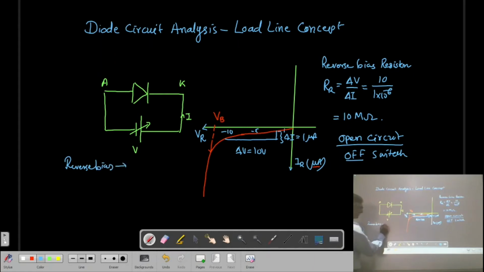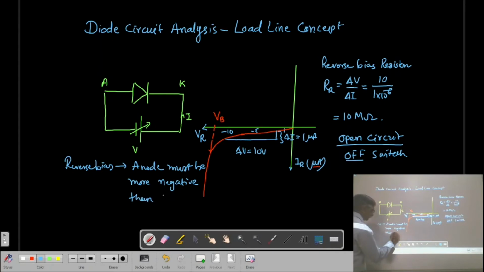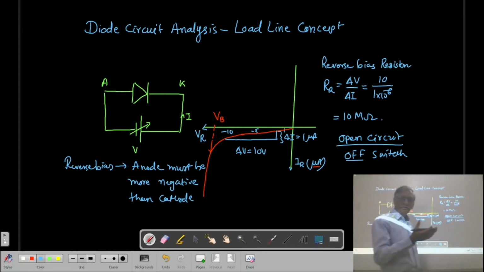Reverse bias means the anode must be more negative than the cathode by an amount of 0.1 volt, 0.5 volt, 1 volt or 10 volt, anything. But it should be more negative than the cathode. Then you can say the diode is in reverse bias.